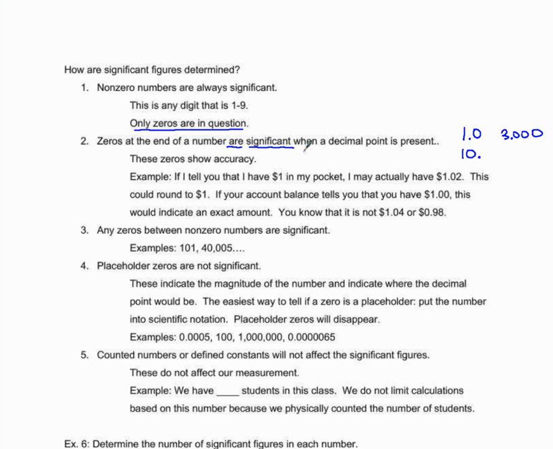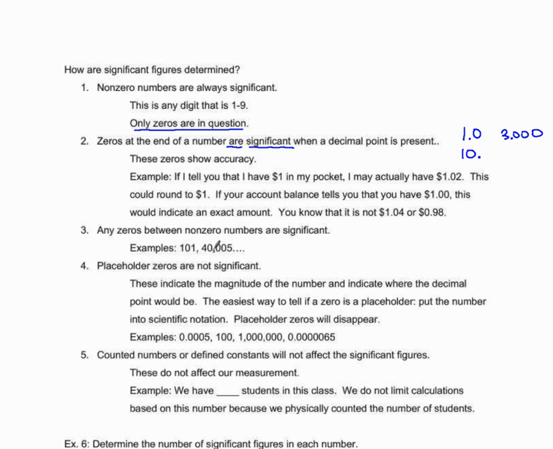Rule number 3, any zeros between non-zero numbers. So remember, all non-zeros are significant, so any zeros that separate them are also going to be significant. Some examples: 101, 40.005, or 40,005.